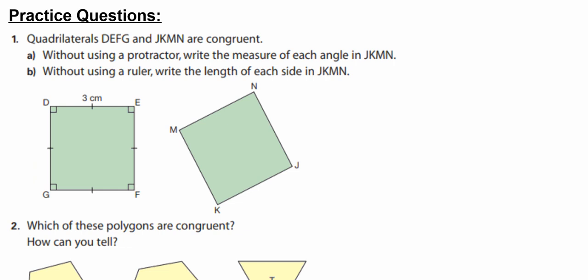We have some practice questions here, just determining whether or not these are congruent. Now, the angles or the measurements that may be on here might not be exactly accurate. Depending on what kind of device you have, if you are measuring this on your device, this may not be 3 centimeters. It might be more and it might be less.